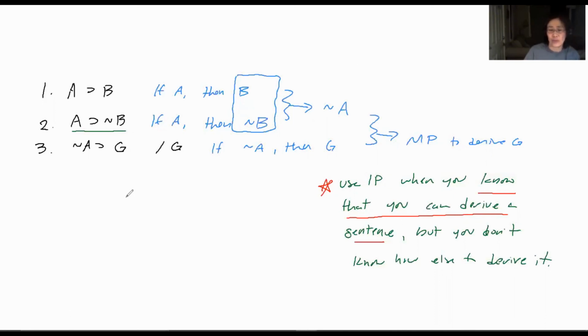To do that, the structure of the proof proceeds normally. Best practice, you would indent. For typing, you don't necessarily need to indent. And you would assume the opposite of what you know you can derive and label it an assumption for indirect proof. You would then proceed with the proof. Here, we're deriving B using modus ponens, and then not B using modus ponens.